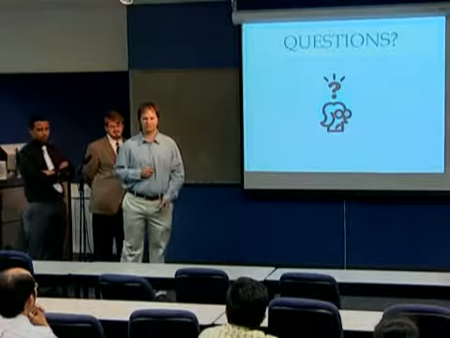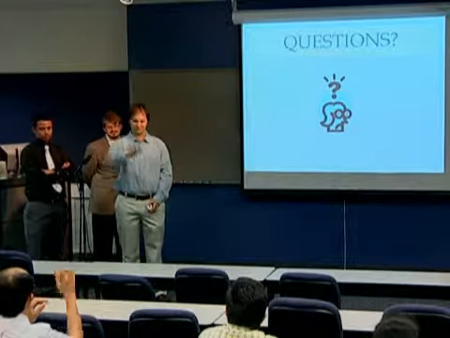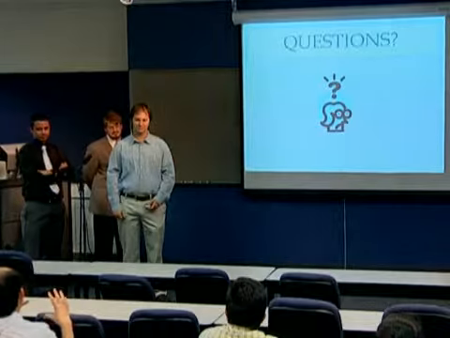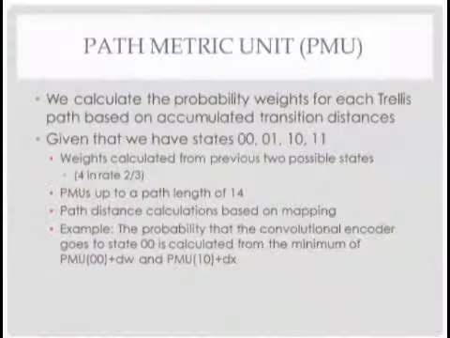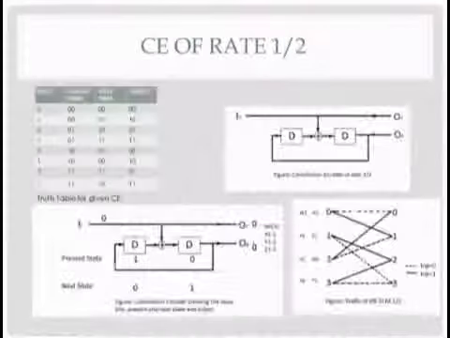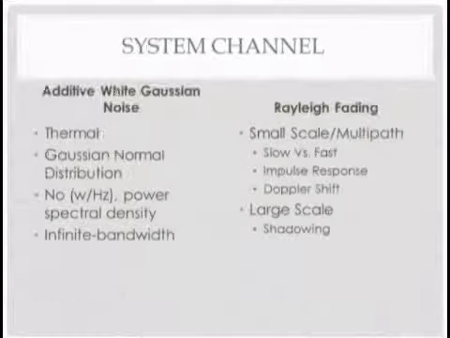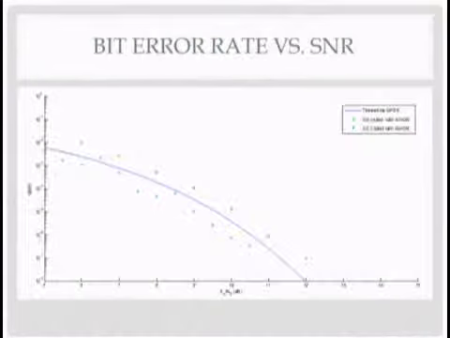Questions? Well, I guess back to the original slide, you have the theoretical curve and the simulations. Are these simulation results corresponding to your Viterbi algorithm that you did? This is supposed to be QPSK, but the subsets are not optimized for their distance metrics.